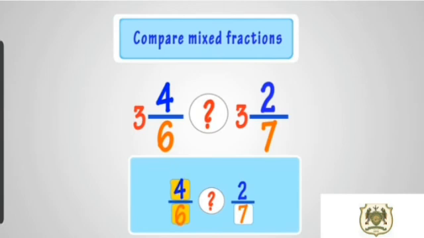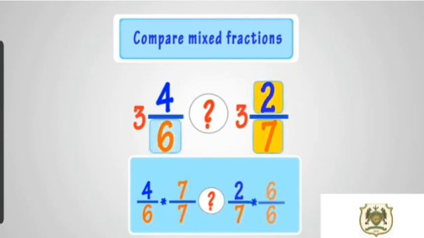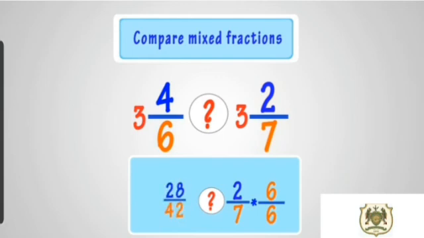Here, I multiply 4 upon 6 by 7 in the numerator and denominator, and 2 upon 7 by 6 in the numerator as well as in the denominator. It will give me 28 upon 42 and 12 upon 42.